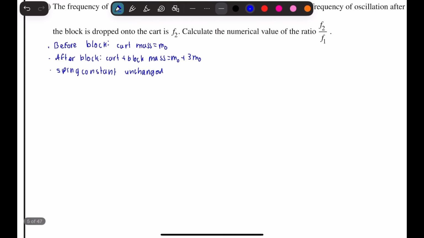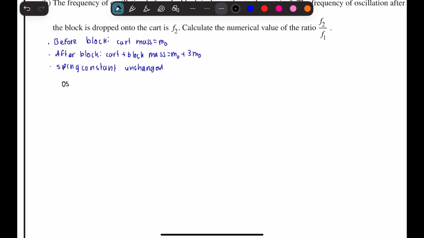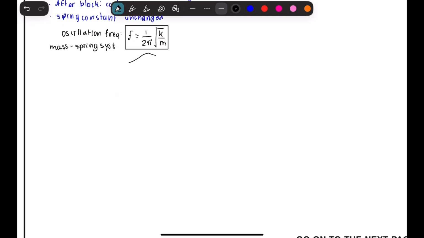Now, what we can do for this problem is use the oscillation frequency formula, F is equal to 1 over 2 pi times the square root of k over m, for our mass-spring system. Now we can write the formula for each case, before the block and after the block.